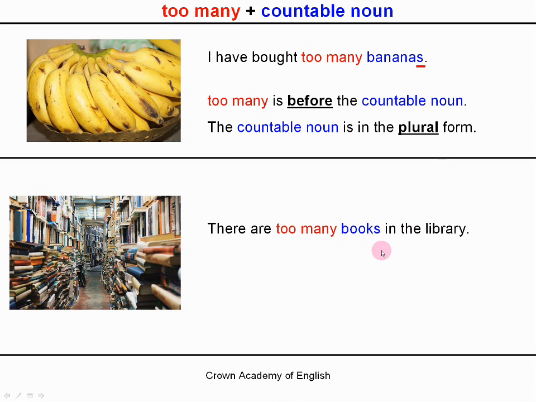And this means there is an excessive number of books. And again, the noun is in the plural. Okay? And notice as well that since the noun is in the plural, the verb is in the plural too. There are. Okay? There are.